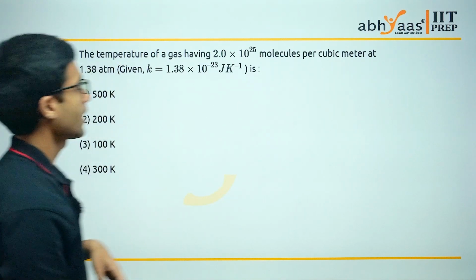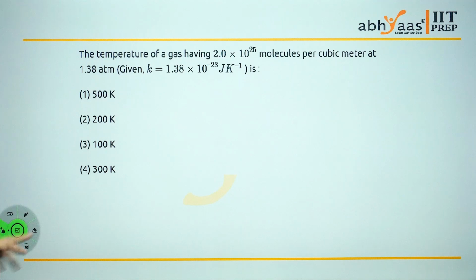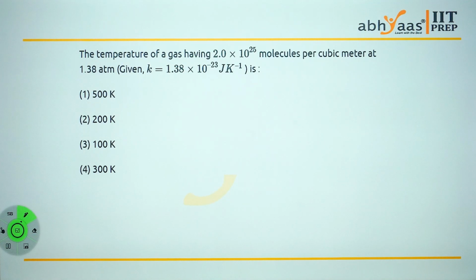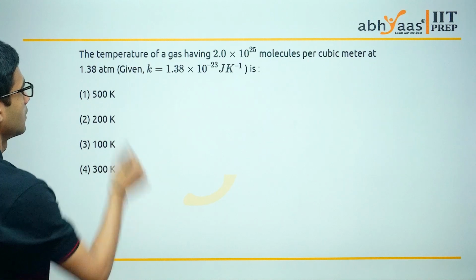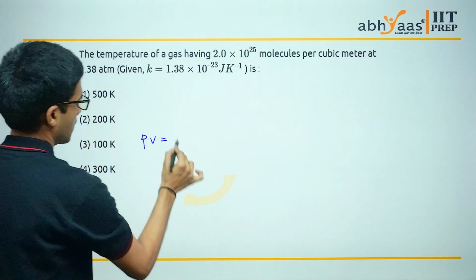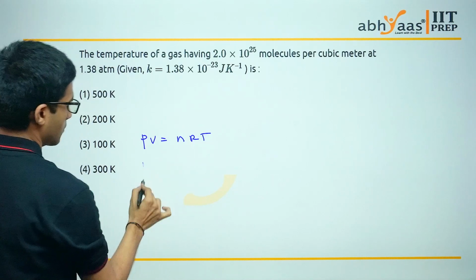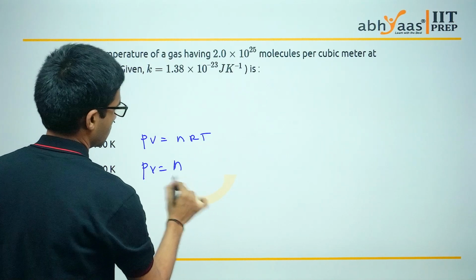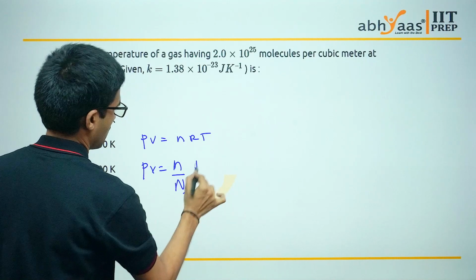Next, temperature of the gas. The gas has N by V given, pressure is given, k_B is given. So we cannot use PV equals nRT directly, but PV is equal to N, the number of molecules, by Avogadro number, RT.